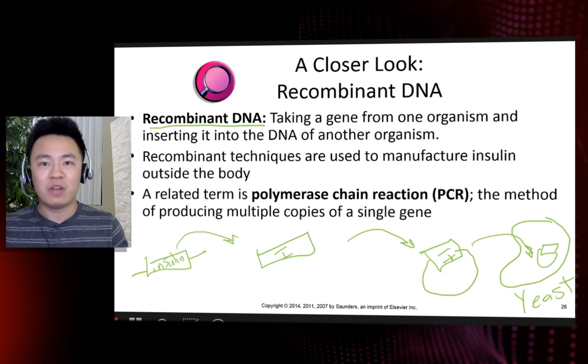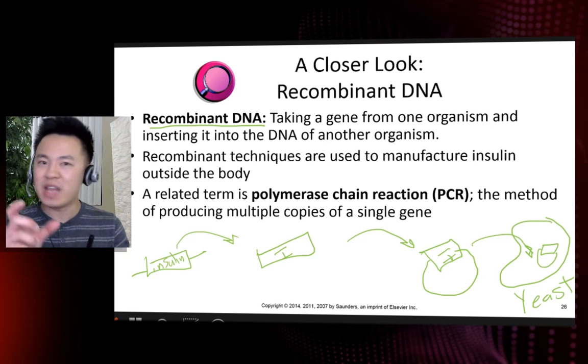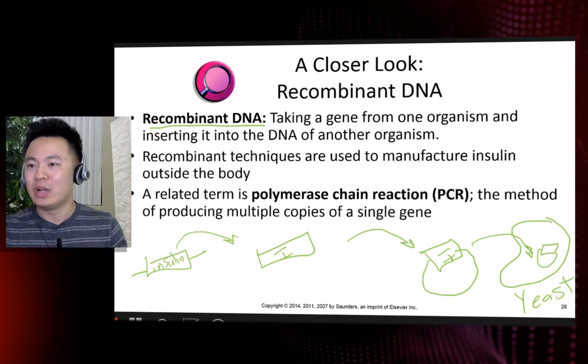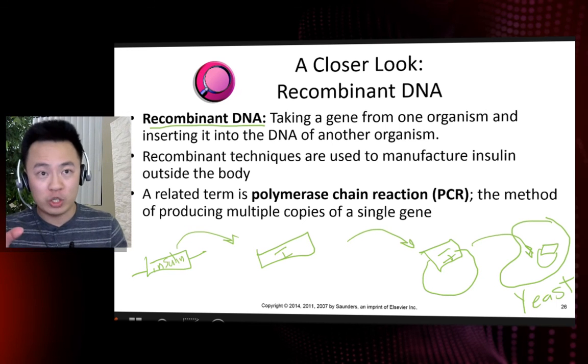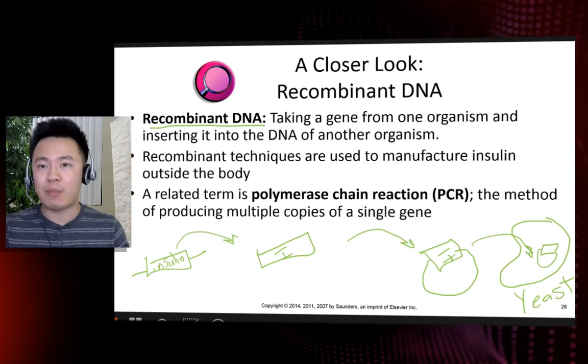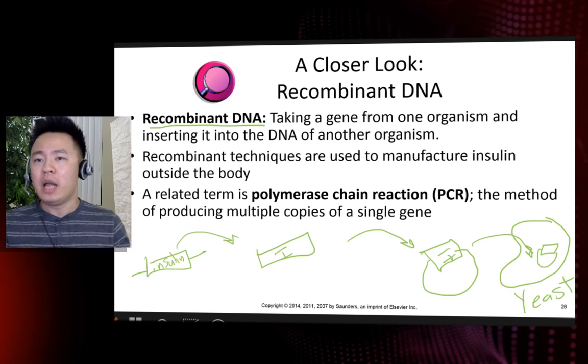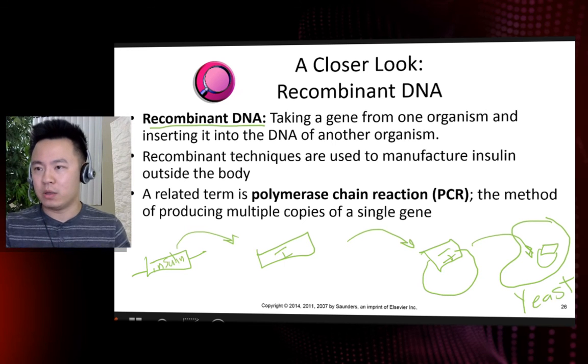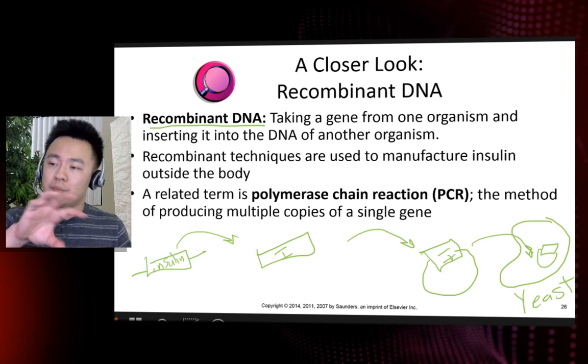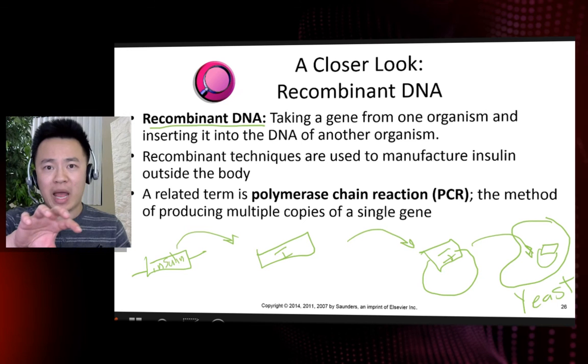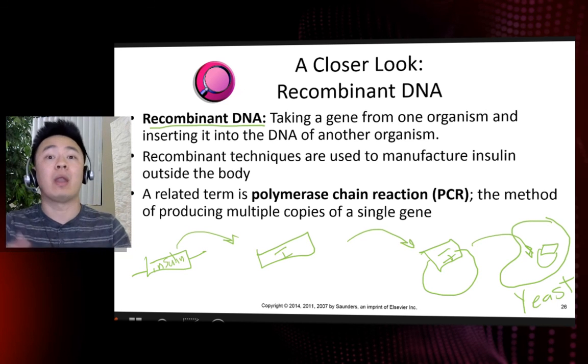But with the invention of recombinant DNA, we're able to just take that code, stick it into another block of DNA, another chromosome, or a plasmid in this example. I won't get into too much detail. You can take a majors biology class. I also teach that class, and if you want to take it, you can look me up. And then take that particular plasmid that contains that genetic code for insulin and stick it in another organism and make a lot of copies of it.